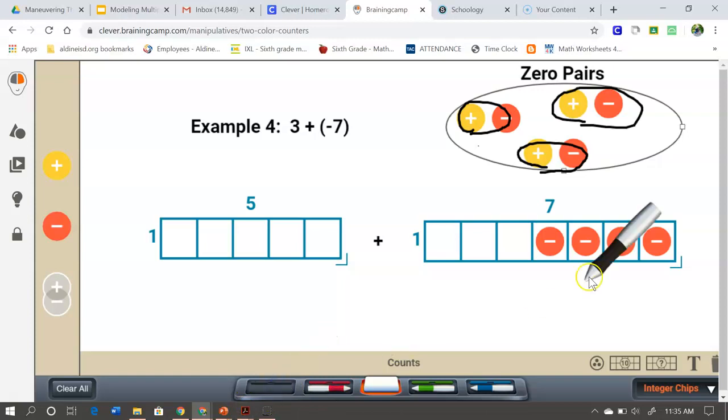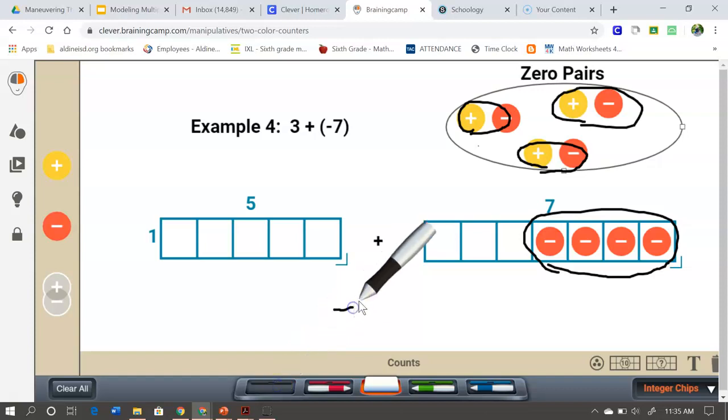And what is left over are these counters here. And we have a total of 1, 2, 3, 4 red counters. So my answer is -4. Okay, so 3 plus -7 is -4.